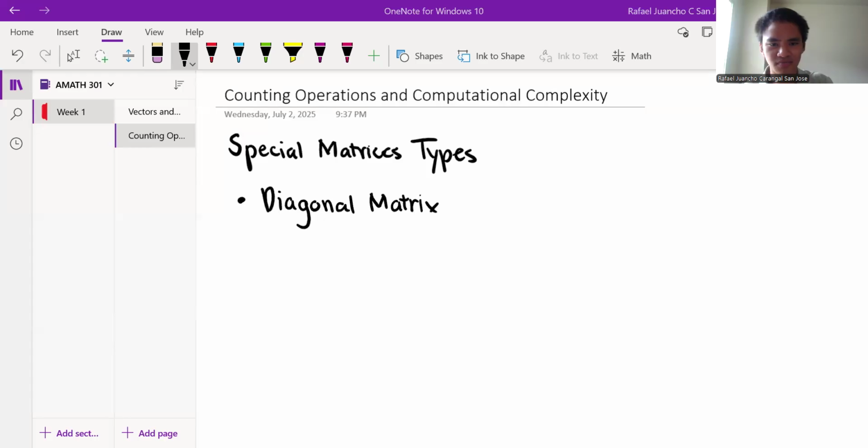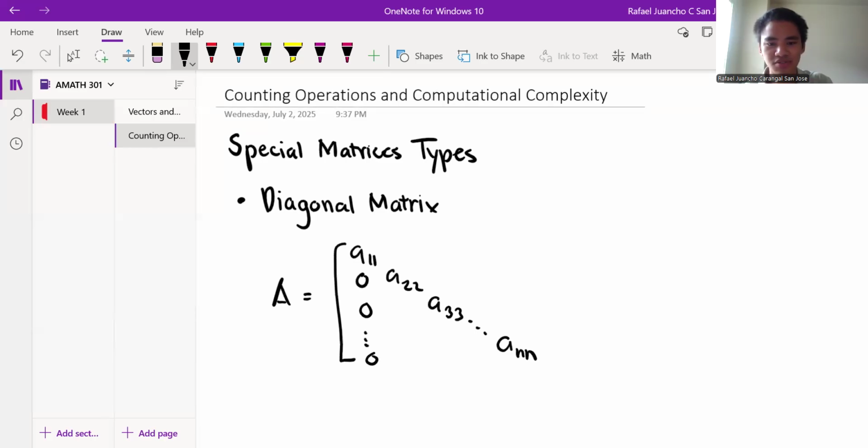So let's say we have matrix A, and it goes A11, A22, A33, all the way to ANN, right? And then 0, 0, all the way to 0, 0, 0.